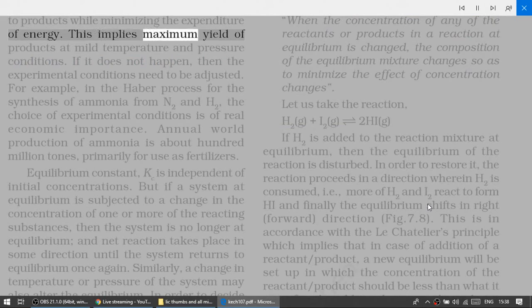This implies maximum yield of products at mild temperature and pressure conditions. If it does not happen, then the experimental conditions need to be adjusted.